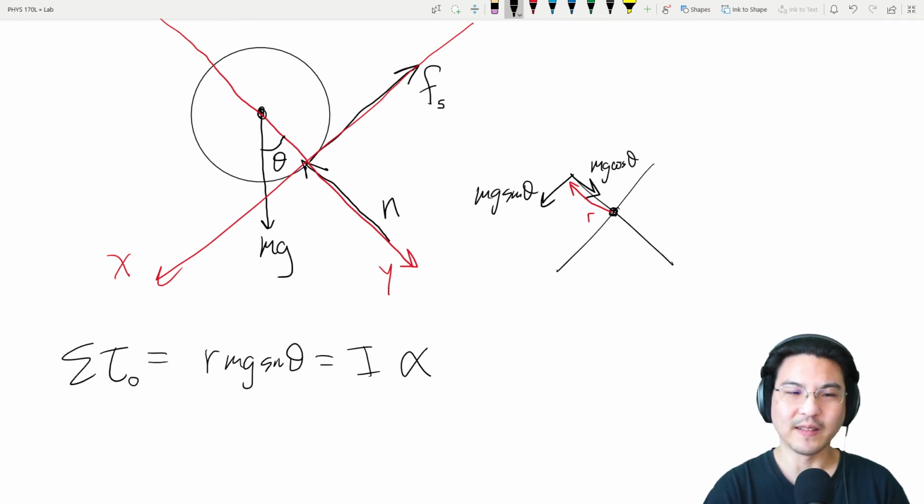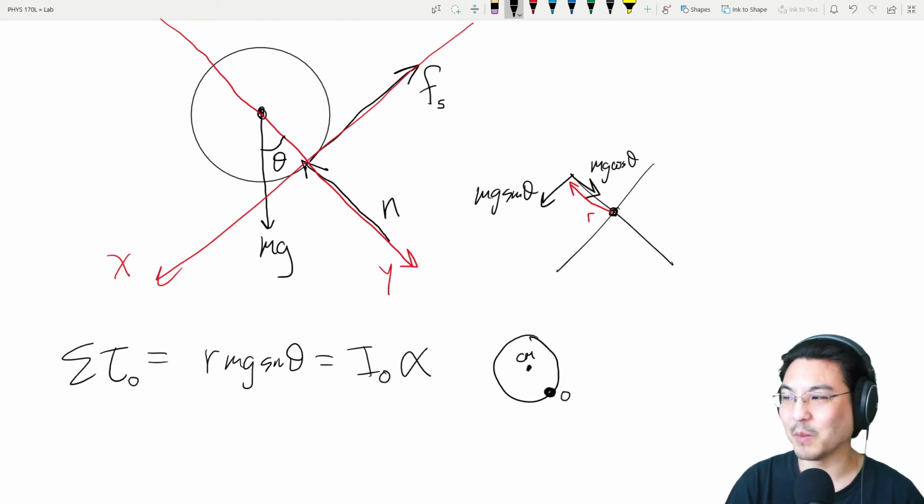But last time we summed the torque about the center of mass, and so the moment of inertia was about the center of mass. This time we sum torque about here. That's not the center, right? So this is the moment of inertia about here, not at the center of mass. Which is more? About the center of mass is always a minimum, right?